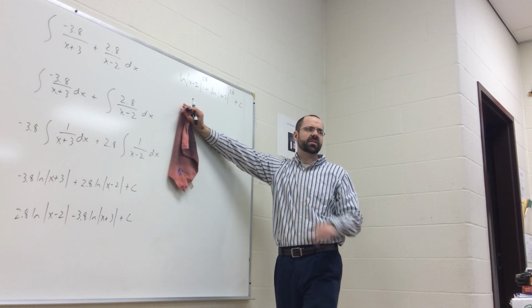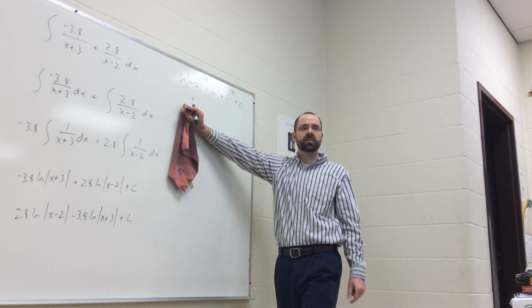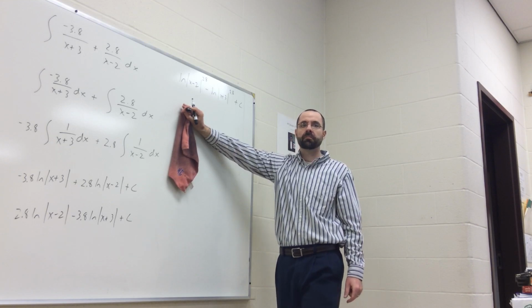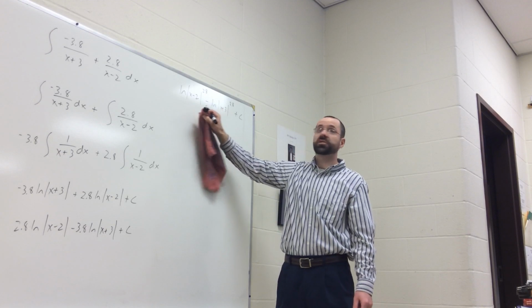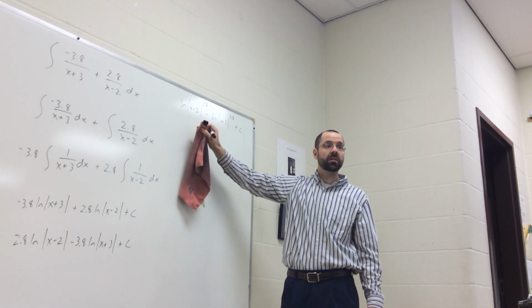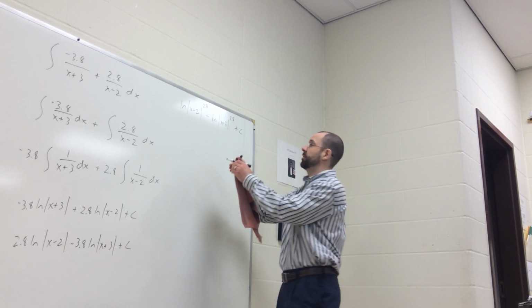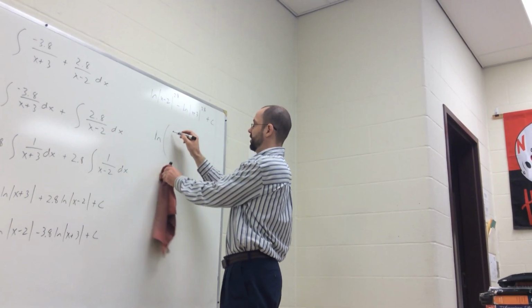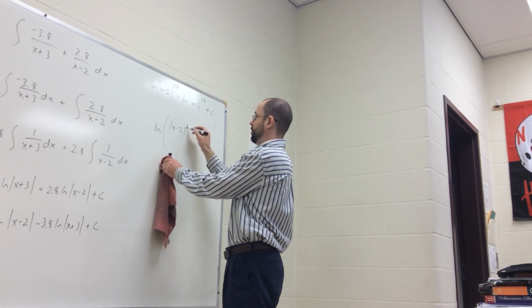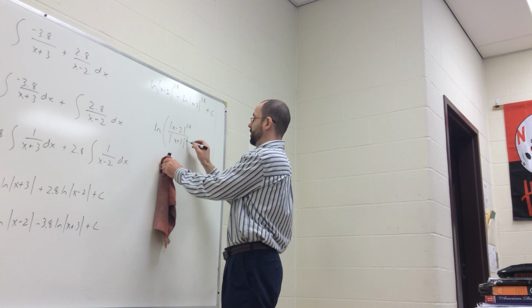So from that step to that step, I just took the numbers in front of the logs and made them exponents. Okay, then what do you do with two logs that are subtracted? It's one log divided. So this can be written as the natural log of x minus 2 to the 2.8 power over x plus 3 to the 3.8 power.